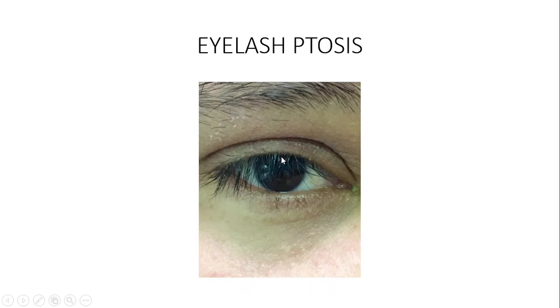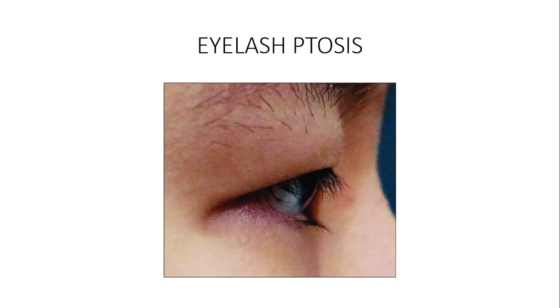Look at this upper eyelash. Instead of coming forward and curving upwards, look, it comes down straight like that. So under such circumstance, we call it what? Eyelash ptosis. Look at another typical example of eyelash ptosis here.